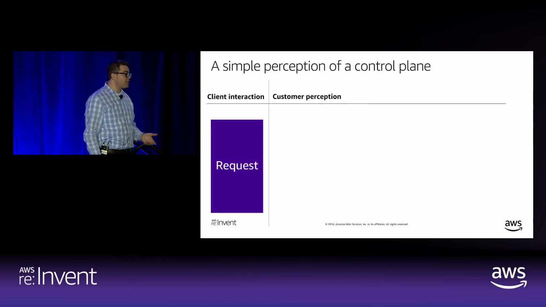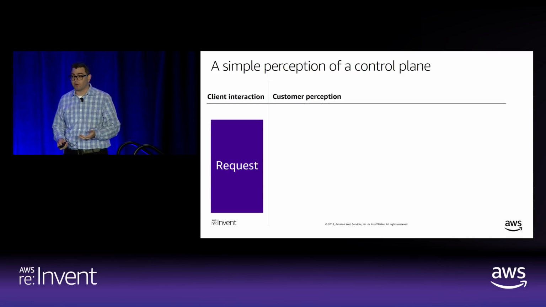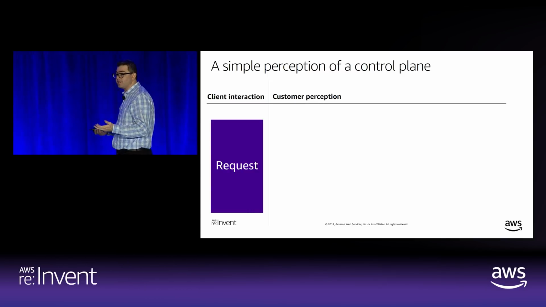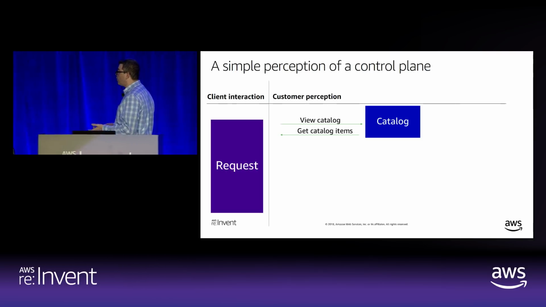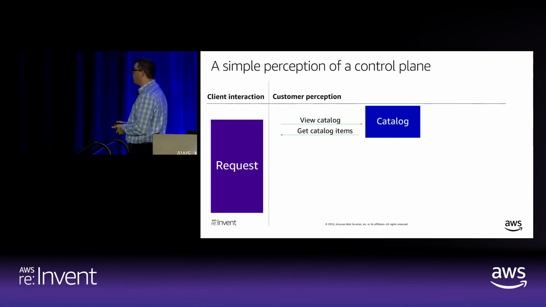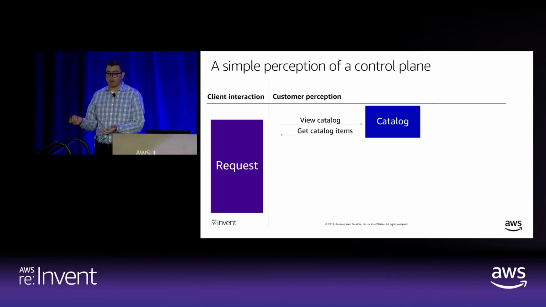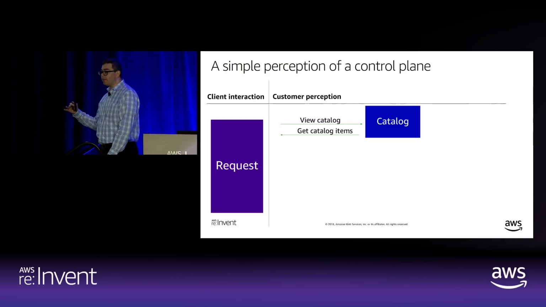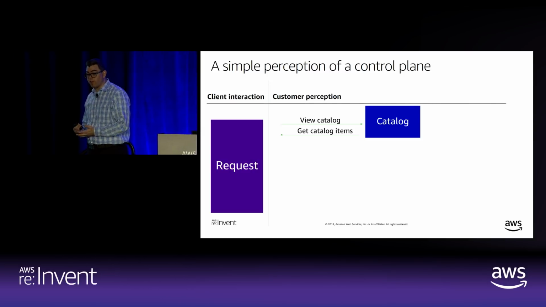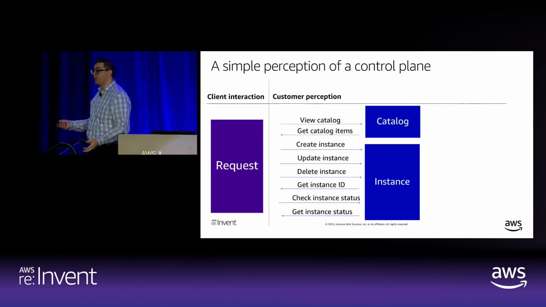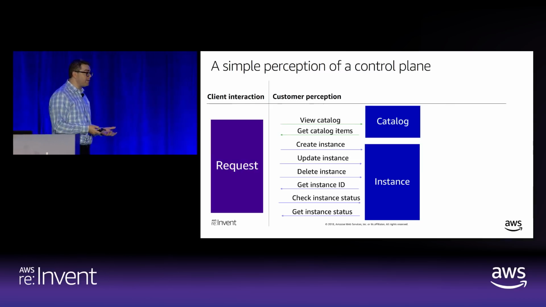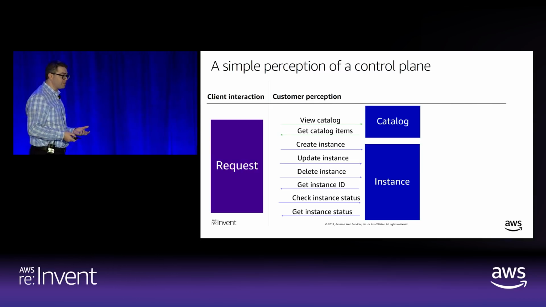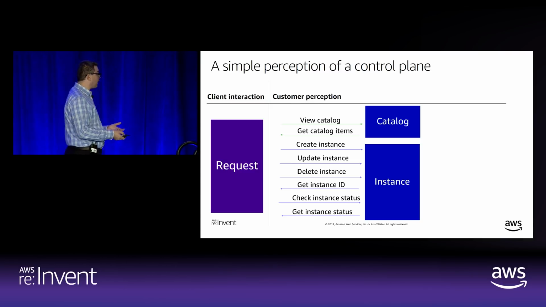So a client interaction ultimately results from a request. That request comes from the API, the CLI, the SDK, whatever the case may be. The customer would ultimately say, hey, I want to view a catalog, right? Or if the catalog is not a direct API, they would just say, I go directly to a specific product portfolio that I have an SDK released for. And I would instantiate, I'd maybe create or update or delete that instance. That instance may be, again, a relational database. It may be a healthcare application that you're delivering, maybe a number of healthcare applications.